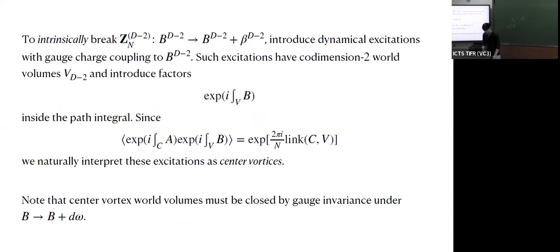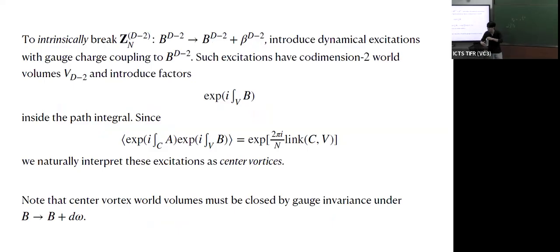What exactly is this? Is that the center vortex or this A? This A. That is what we are doing. No, no. So the center vortex, I would say, is the thing. But this you introduce in the path integral. So it introduces factors into the path integral.